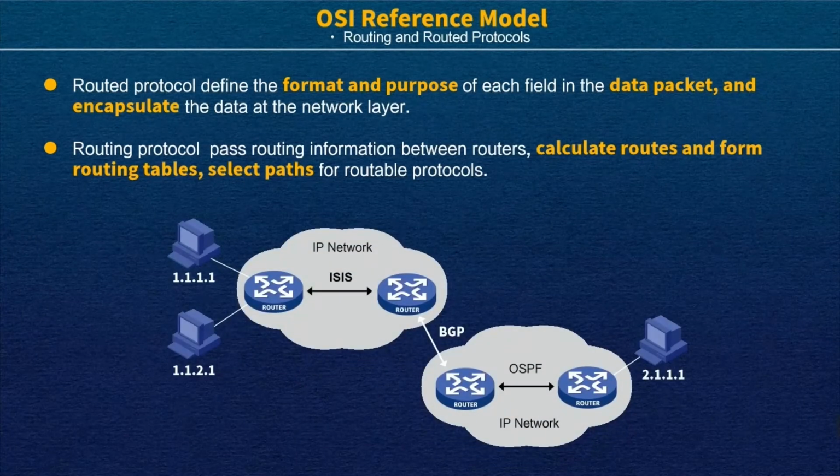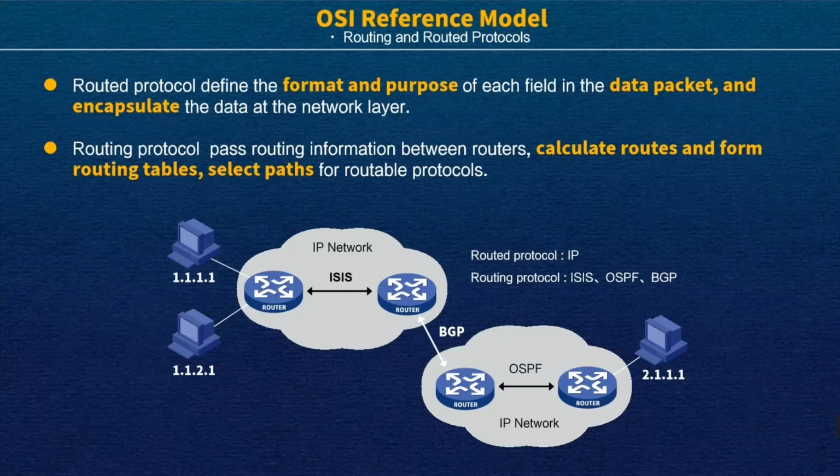And the typical topology is like this one. We have different hosts, and between them we have multiple routers, right? First, according to the routing protocol like ISIS, OSPF, and BGP, we can get the routing table. And then we will forward the traffic according to the IP address by searching the routing table. Of course, we have to encapsulate the packets, add the IP information, the source IP, destination IP, some messages like this.